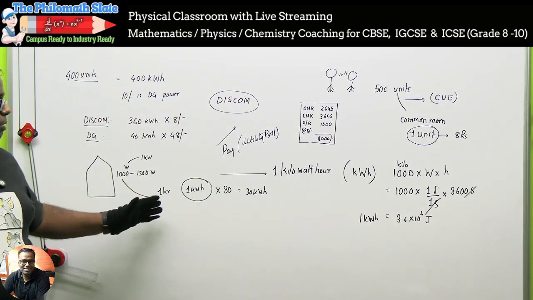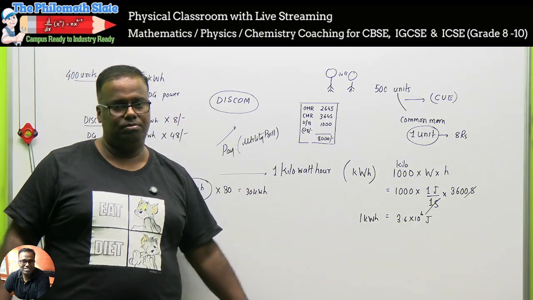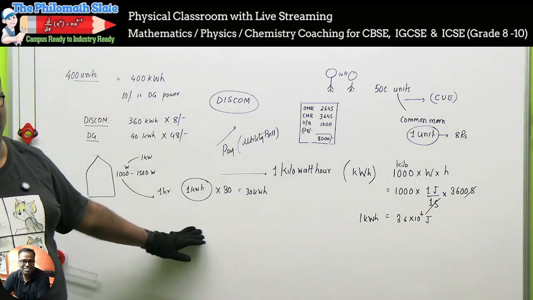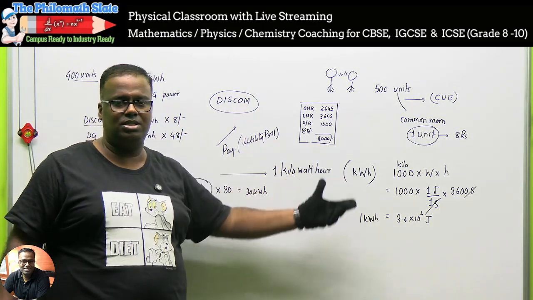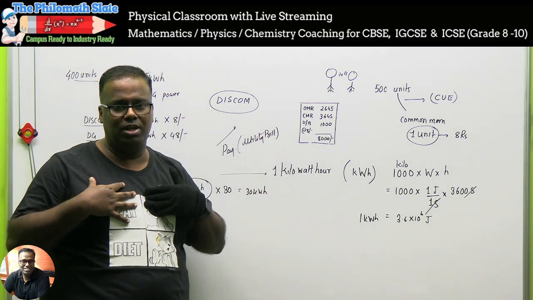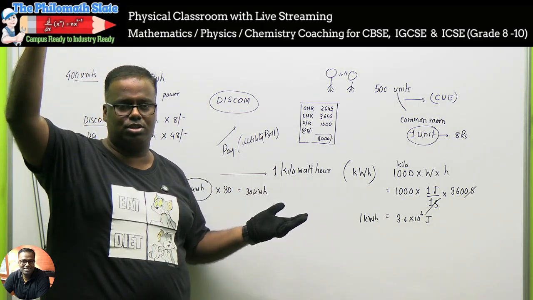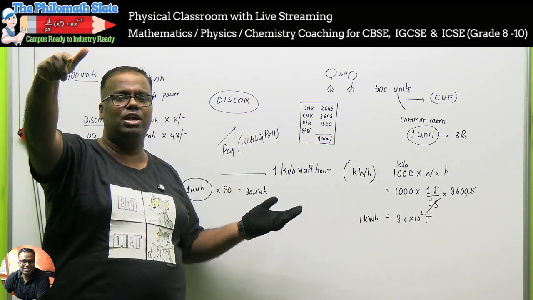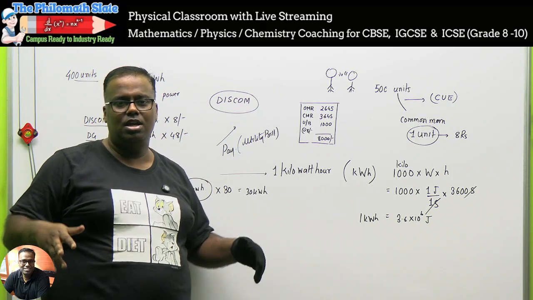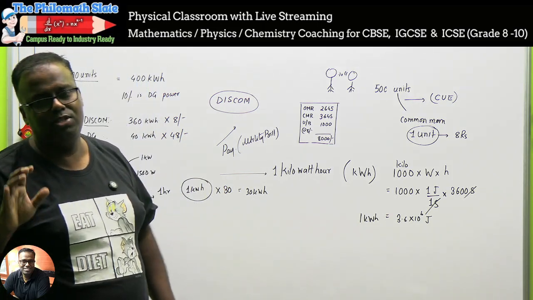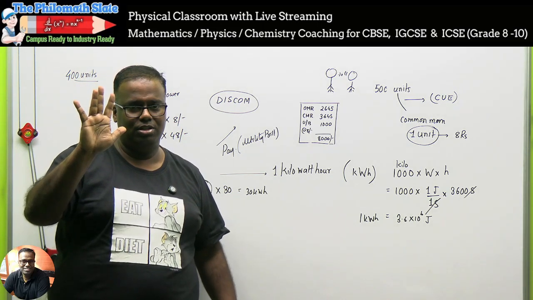Anything else you would like to know about the commercial unit of power? A commercial unit of power is kWh. Even in the chapter on electricity, this will come, and they will give you a bulb and ask what the consumption is. For example, let's look at this room right now. We have 5 tube lights of 40 watts, that is 200 watts. Then this television is running, another 120 watts. Actually, to run the class, my power output is 460 watts. That's like half a kilowatt.